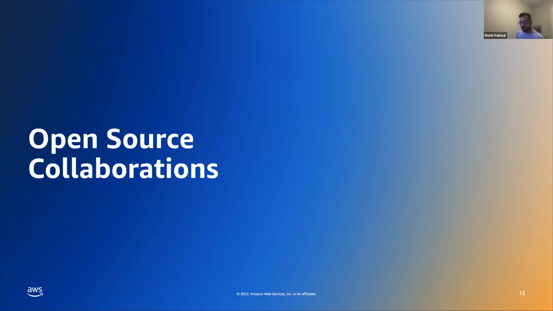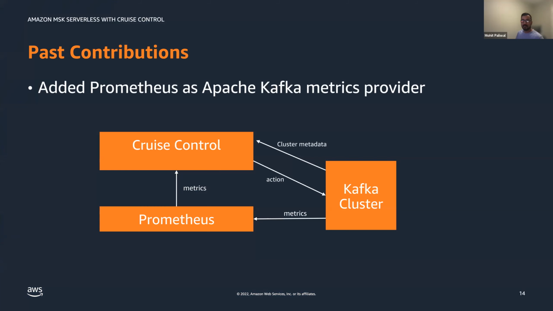I want to talk about some of the open source collaborations that we at Amazon MSK did with Cruise Control. We collaborated with Cruise Control and added some plugins that would make the user's life easier. One of the major things we added in the past has been integration with Prometheus, right? Prometheus reads metrics from brokers in the cluster.